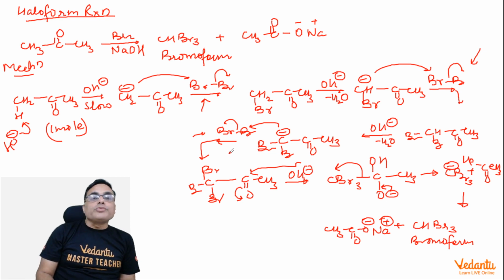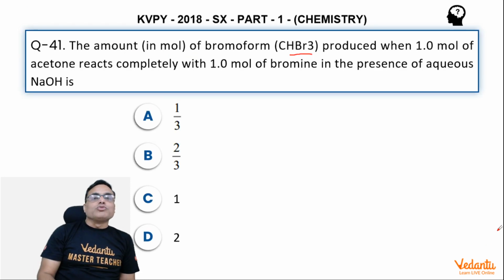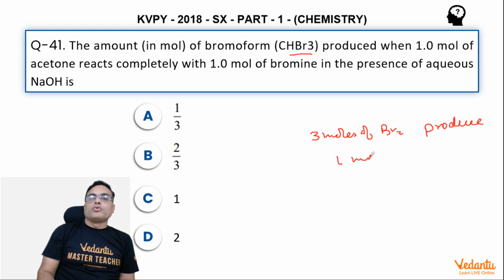So 3 moles of Br2 produce 1 mole of bromoform, right? That we saw in the mechanism.